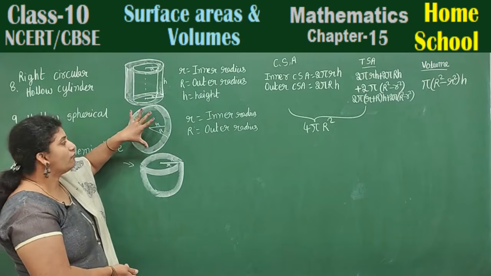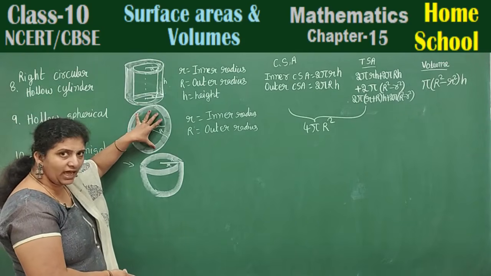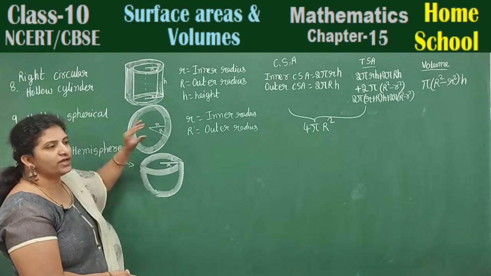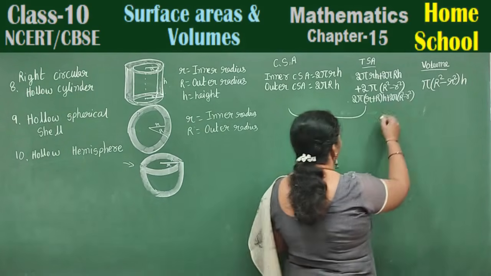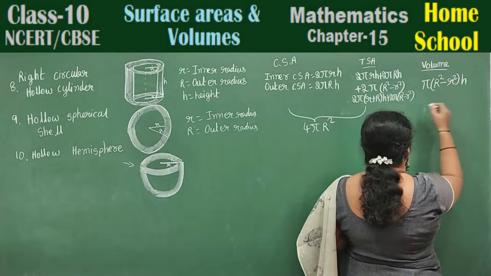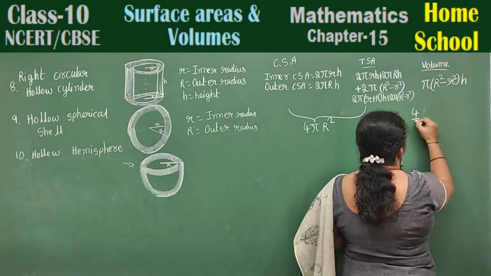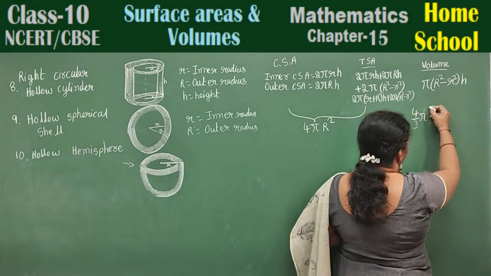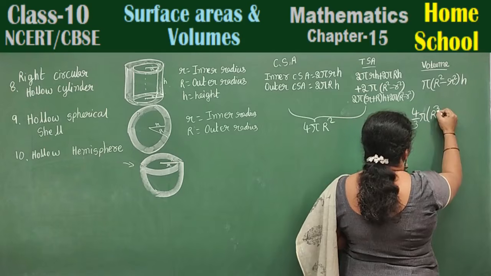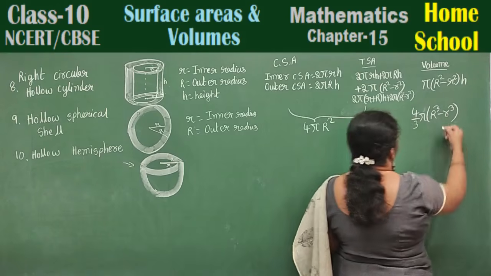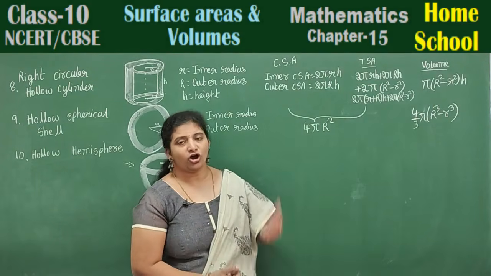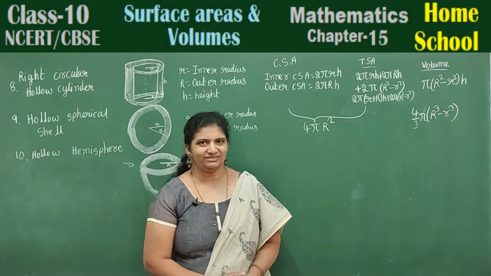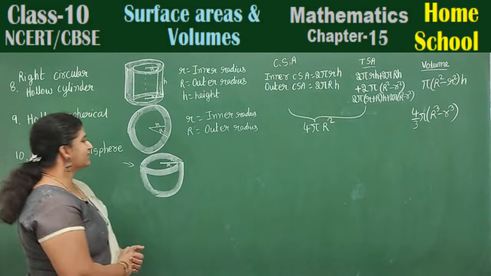That means 4 by 3 pi capital R cube minus 4 by 3 pi small r cube is your formula. So let's write the volume of this hollow spherical shell: 4 by 3 pi into capital R cube minus small r cube cubic units. Right? Let's go to the next one.